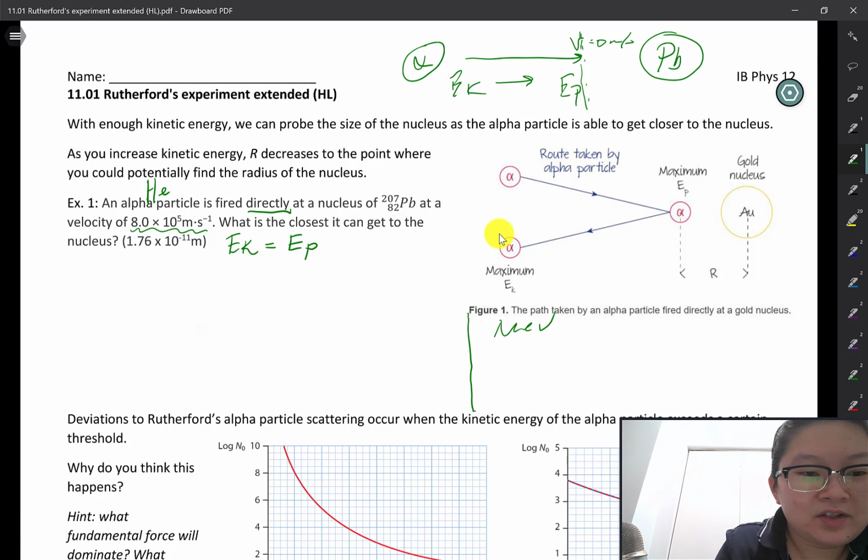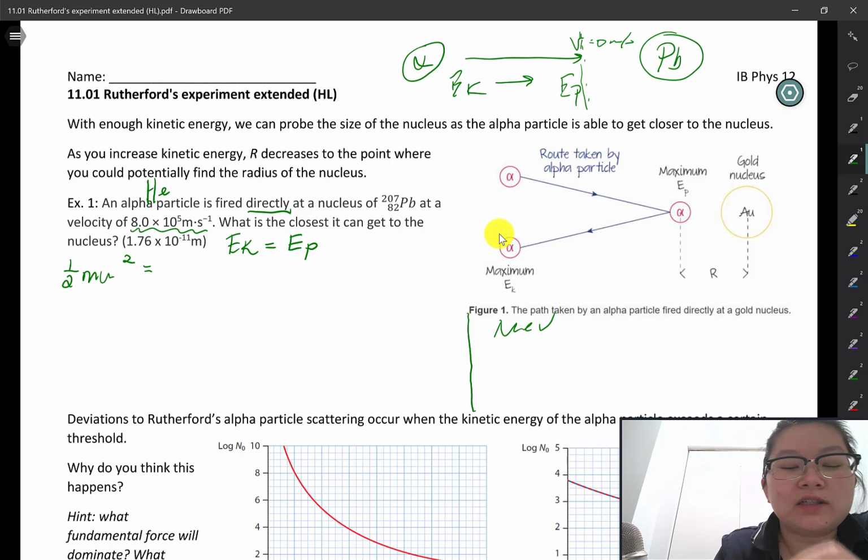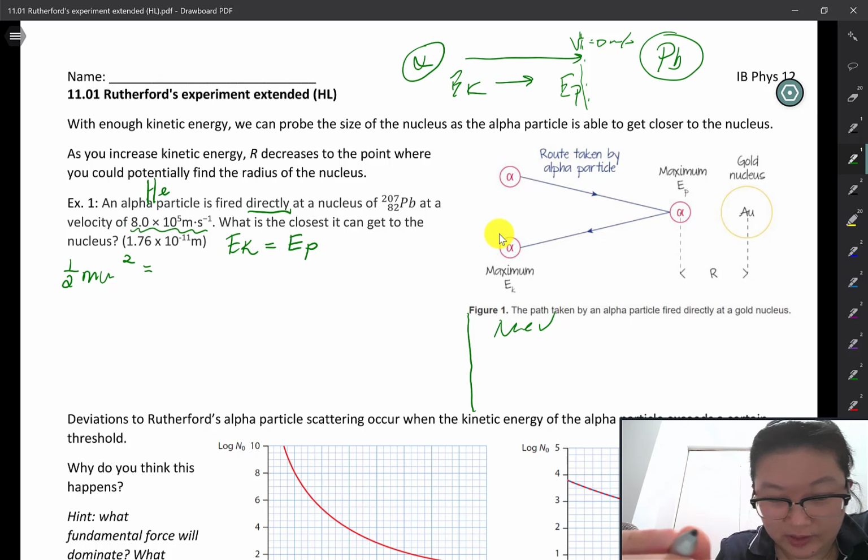For kinetic energy, this is 1/2 mv squared, or actually I'm going to call it mu squared for initial, of the alpha particle. And this is going to be equal to the electric potential energy between an alpha particle and a lead nucleus.